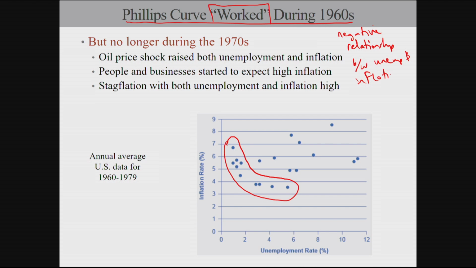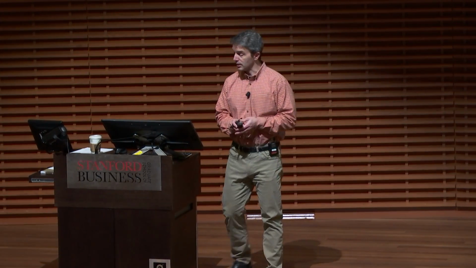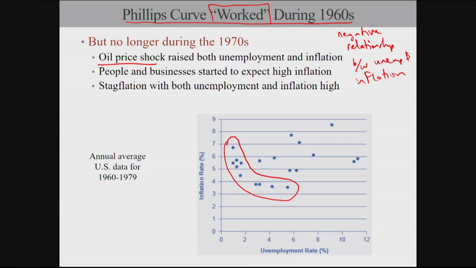So that worked in the 1960s, but we talked last time in class about these two big events that happened in the 1970s, these oil price shocks, which caused a shift in the short-run aggregate supply curve, and that raised both unemployment and inflation.